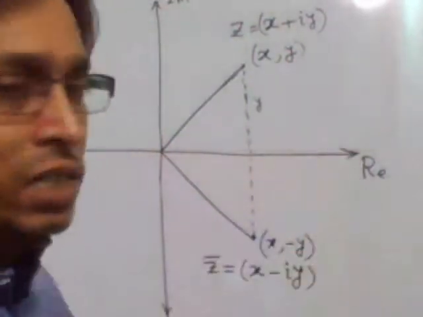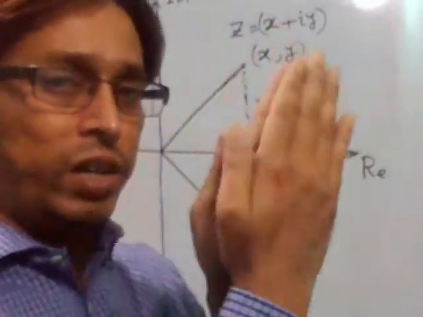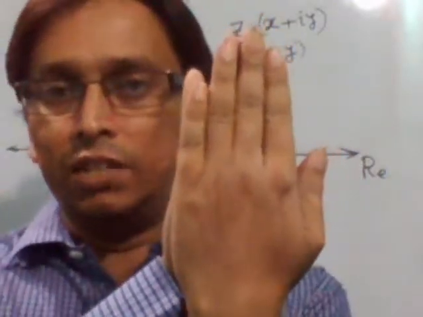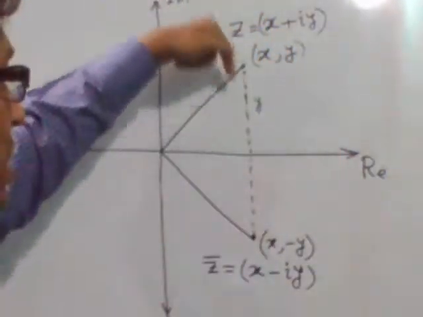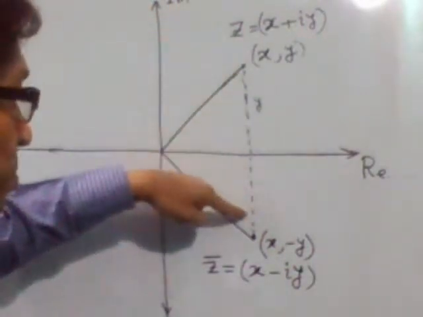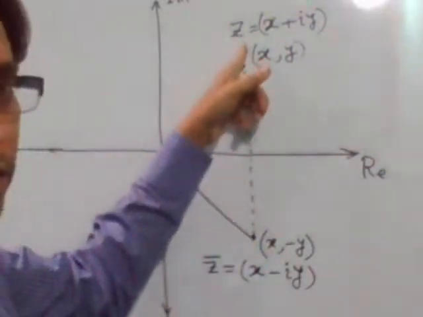The plane is nothing but two mirrors attached like this. If you see from the top side, you can see the reflection of this point here, and if you see from the bottom, you can see the reflection of this point here.